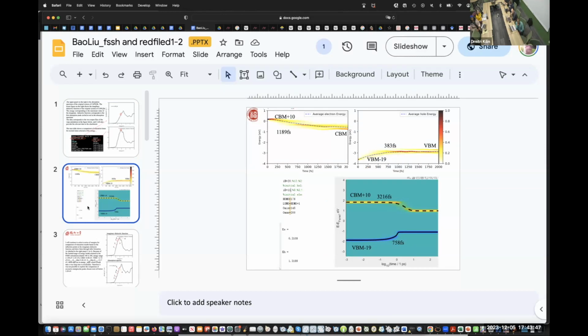So here in this slide, he's showing Redfield dynamics on the bottom, and on the top, it is these same parameters processed by fewer switches surface hopping, which gives relaxation dynamics of the same order of magnitude, but quicker, about 2-3 times quicker.